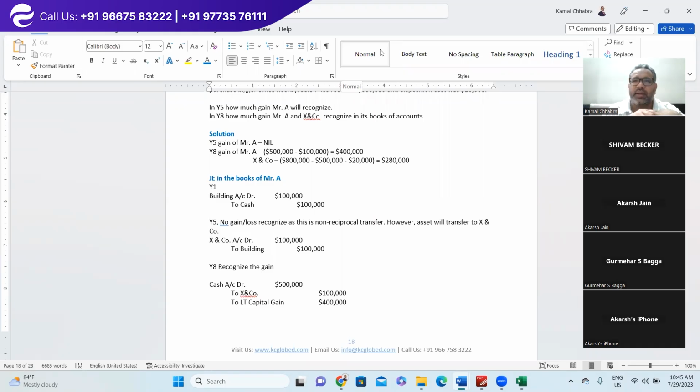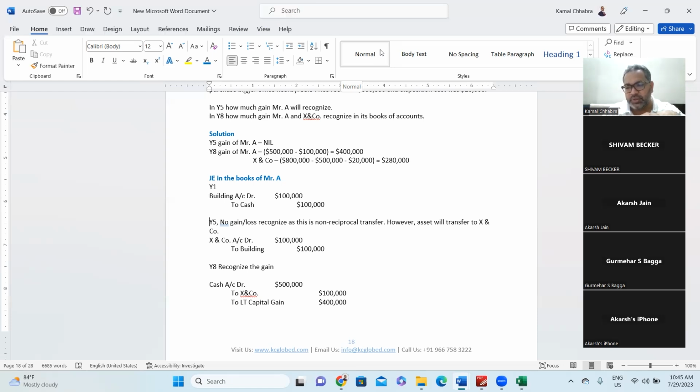Just look at substance over form. If you just look at form, it is being diluted across two people or two entities. But if you look at substance over form, the person is the same, who is the ultimate beneficiary of the transaction. Sir, so in X's books, to show a true picture, X and Company would also attract related party disclosure, right? Yes, that is correct.